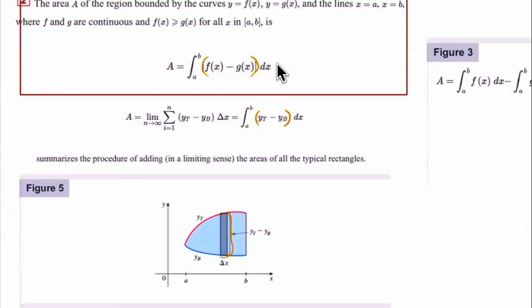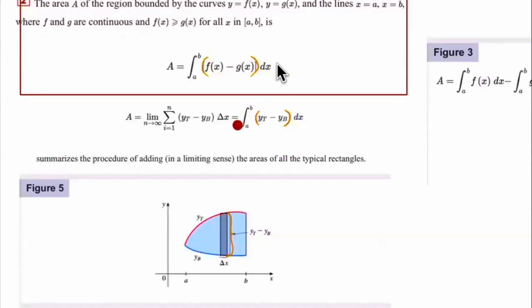And dx here is something like delta x. Think about that as the area of a small rectangle, and then you use the integral to sum up all those rectangles. The more rectangles with equal width that you have, the sum of those rectangles approaches the area between the two curves.